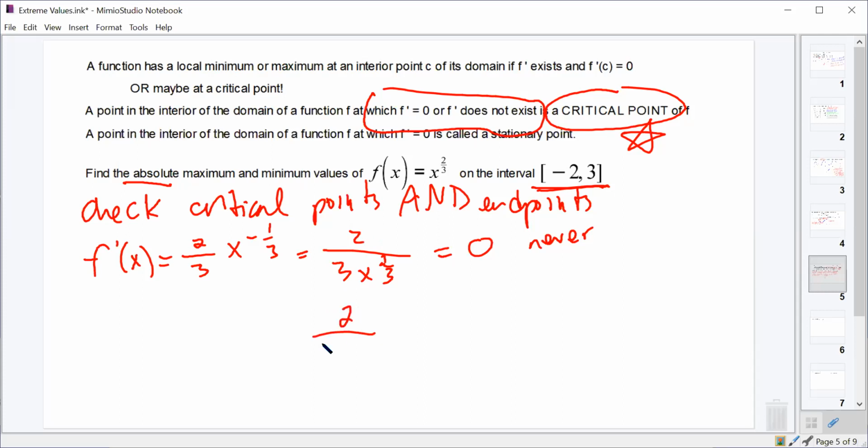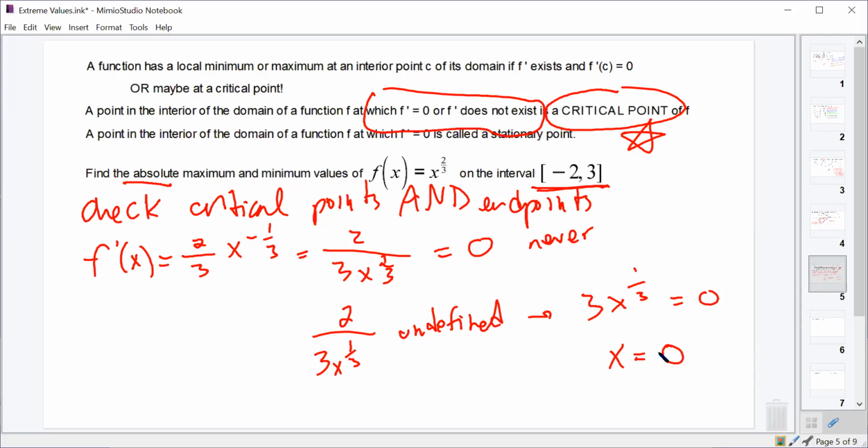So then we'll also look, when is 2 over 3x to the 1/3 undefined? Well, it would be undefined if what part of the fraction equaled 0? Denominator. If the denominator was 0. So this is undefined if 3x to the 1/3 equals 0, which if we solve that for x gives us x equals what? 0. All right.